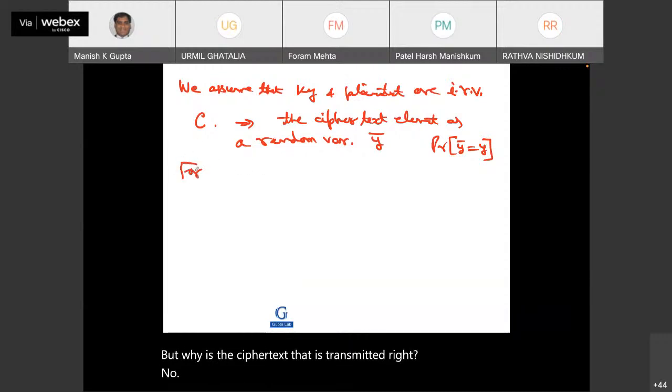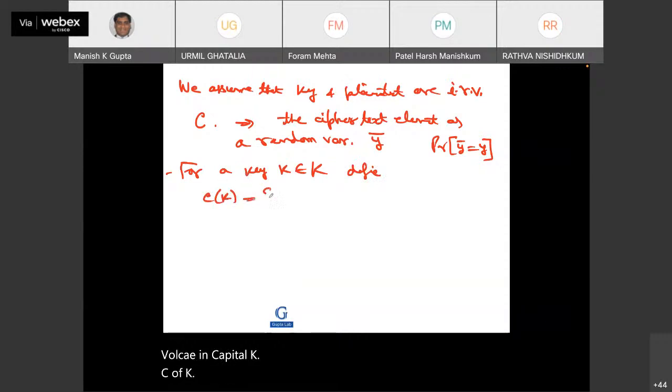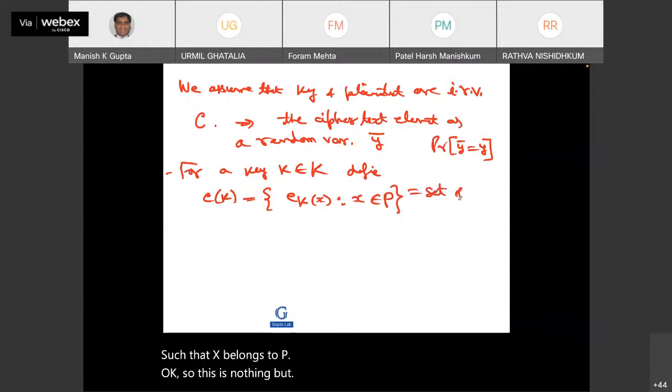Now for a key, small k in capital K, define C(k) = {e_k(x) : x belongs to P}. So this is nothing but the set of possible ciphertexts if k is the key, right? So this we can define.